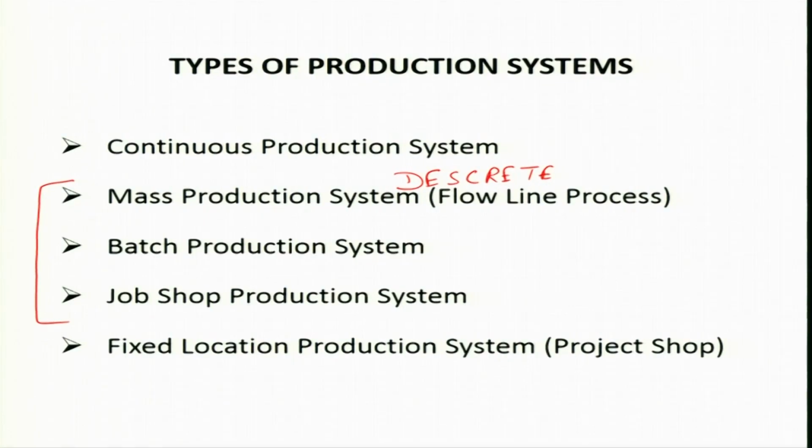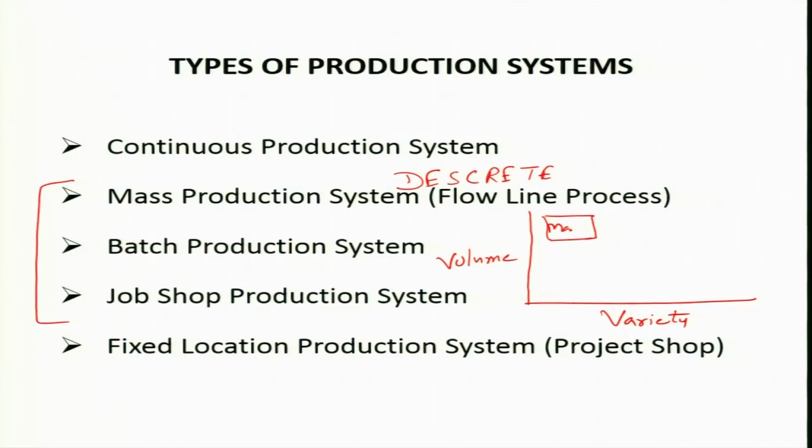Now comes the difference between mass production system, batch production system and job shop production system. The difference between these three systems is based on volume and variety. In case of mass production system, volumes are very high and variety is very small.